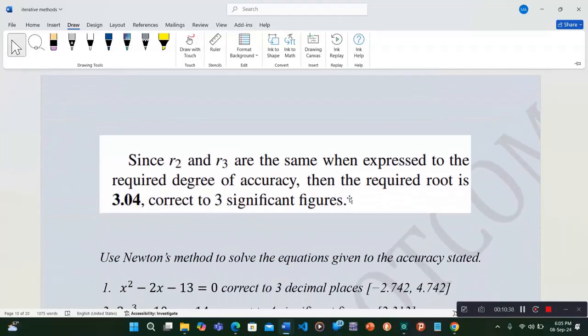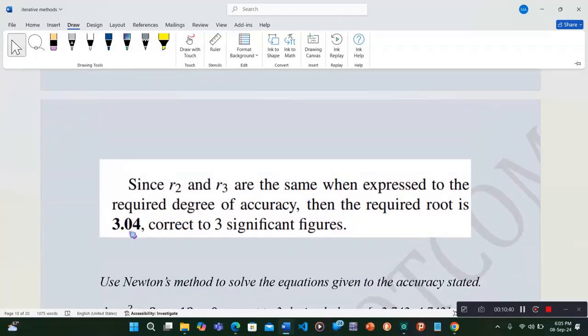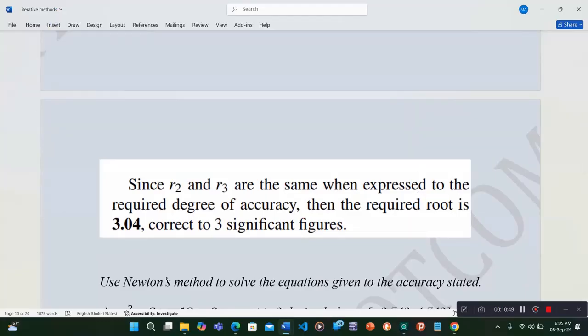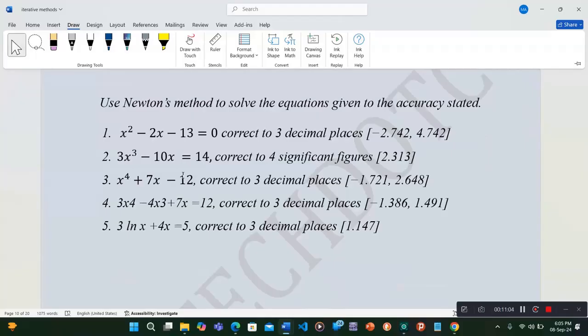They're actually the same. And that means I can take 3.04 to be the required root according to the Newton-Raphson method. So we are saying the root R will be 3.04. So try out these numbers and see if you can get these answers.